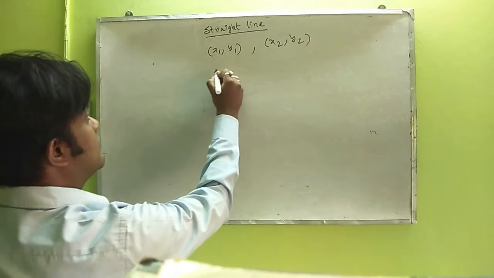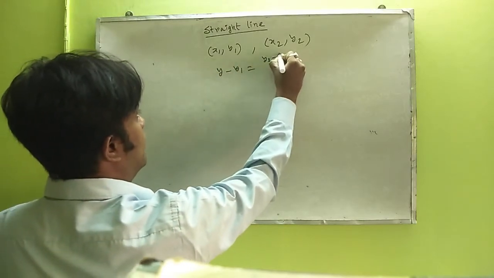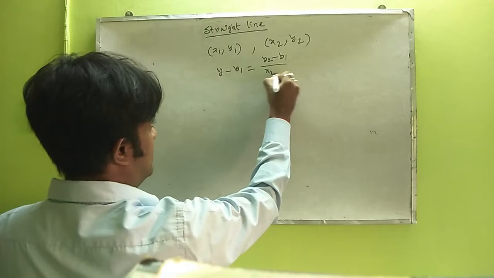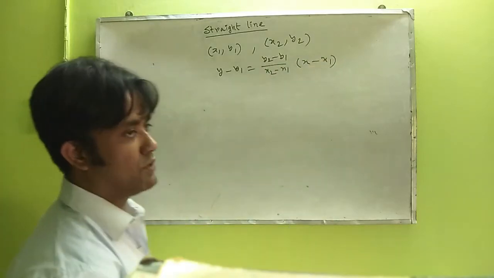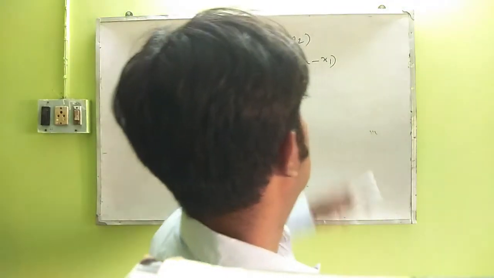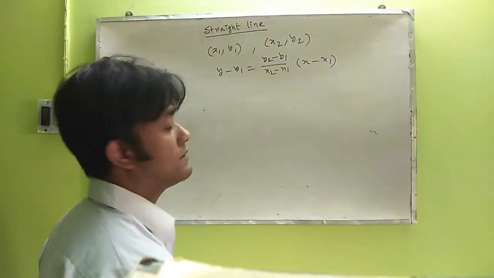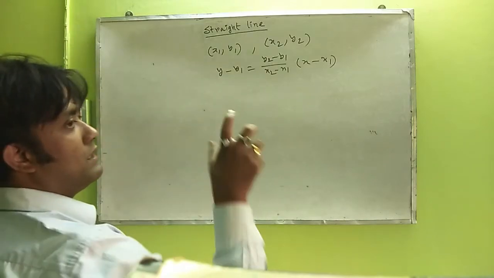Then the equation of straight line is y minus y1 is equal to (y2 minus y1) by (x2 minus x1) into (x minus x1). In the previous class we also discussed how this formula has come. Now we apply this formula in the problem.